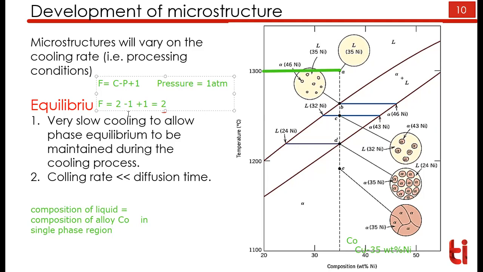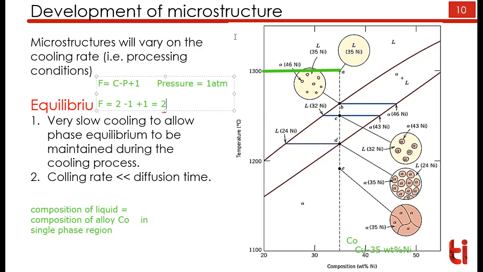What does it mean? I can change composition independently and it will remain liquid only. If I change temperature also, that also remains liquid only. So it will remain single phase. I can vary my parameters, composition and temperature, independently, and the phase doesn't change.